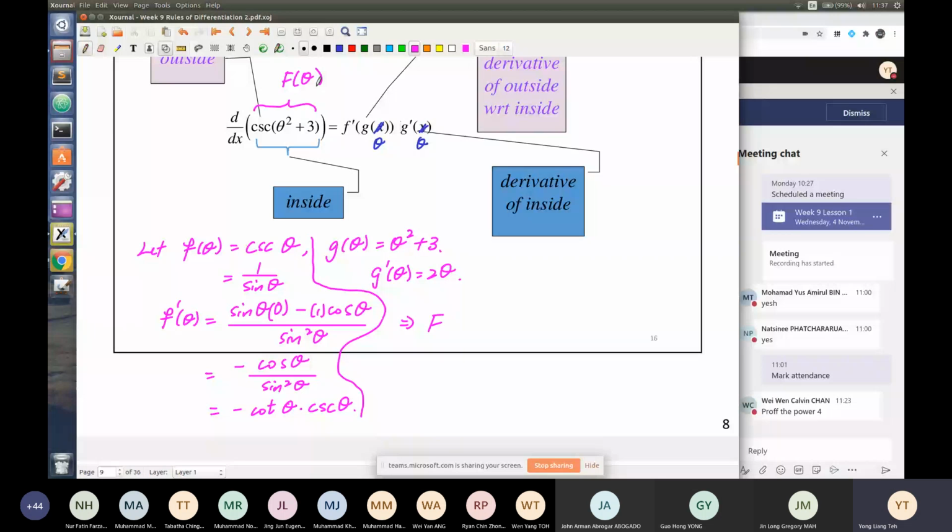So big F of theta prime is actually this guy, which is minus cotangent, but theta must change to g. So g is theta squared plus 3.